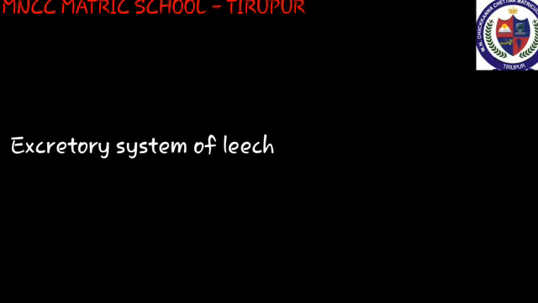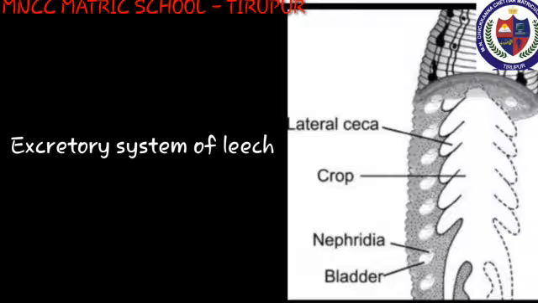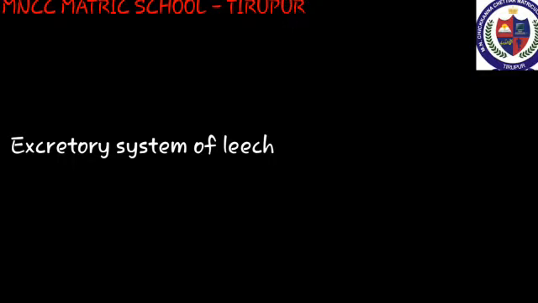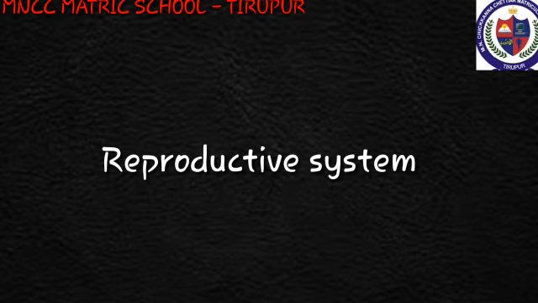Excretory system. In leech, excretion takes place by nephridia. There are 17 pairs of nephridia which open out by nephridiopores from 6th to 22nd segments.